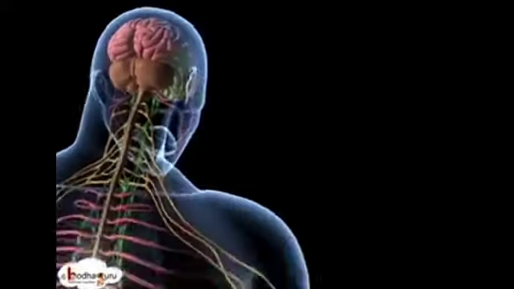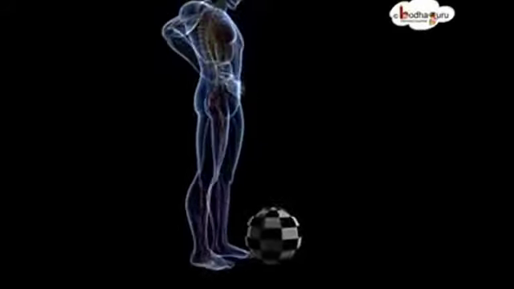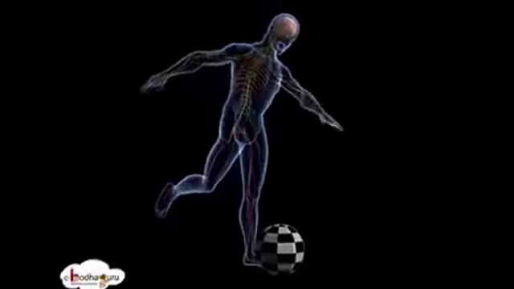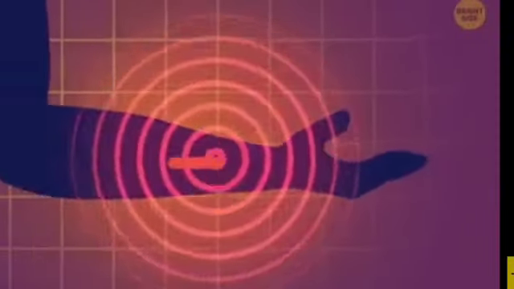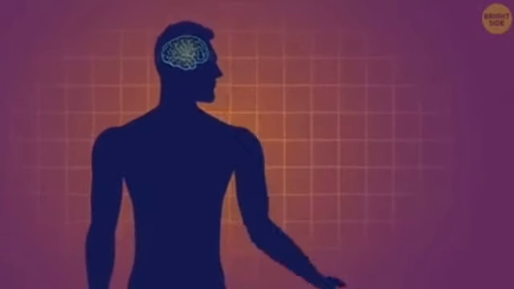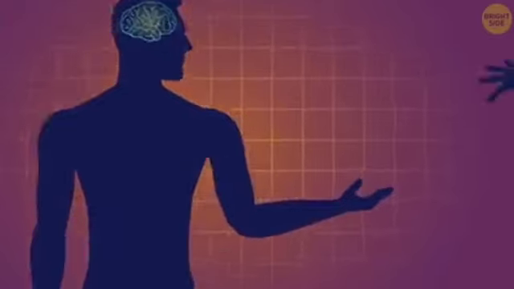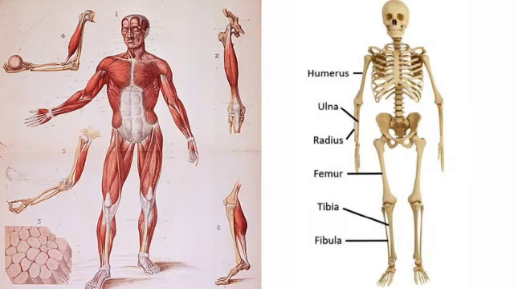These messages pass through the spinal cord, which connects the brain to all the parts of the body through the nerves. The nerves carry the messages from different parts of the body to the brain, and also carry the orders of the brain to the muscles, the bones, and other parts of the body.